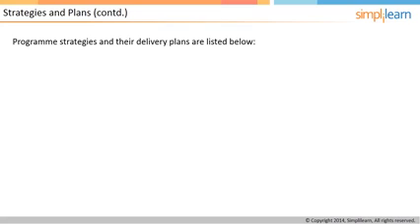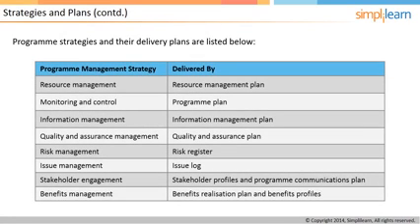In this screen, we will discuss a few strategies and how they are delivered. The table on the screen showcases different strategies that are implemented by different delivery mechanisms. For instance, Resource Management Strategy is delivered by Resource Management Plan.